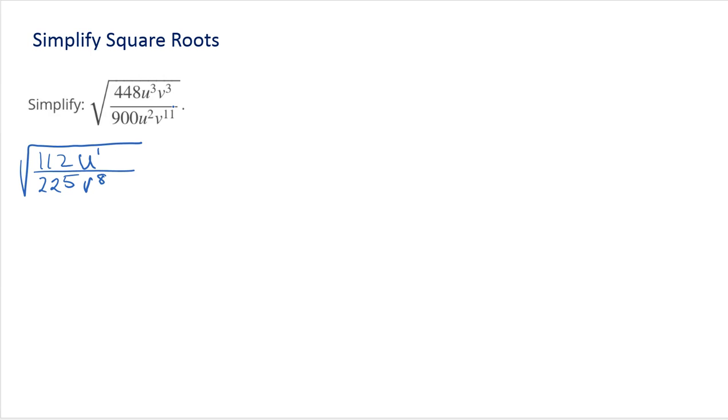Now my goal is to take the square root of any values that I possibly can. Now, 225, is that a perfect square? Well, if I type that in my calculator, it is. It's 15. Or you may have a list of perfect squares walking around with you as you do these problems. Perfect squares are, 2 squared is 4, 3 squared is 9, 4 squared is 16, 5 squared is 25, 6 squared is 36, 7 squared is 49, 8 squared is 64, 9 squared is 81, 10 squared is 100, 11 squared is 121, 12 squared is 144.